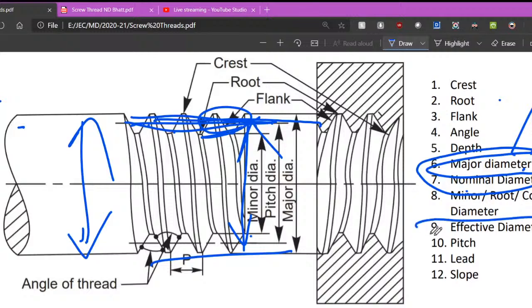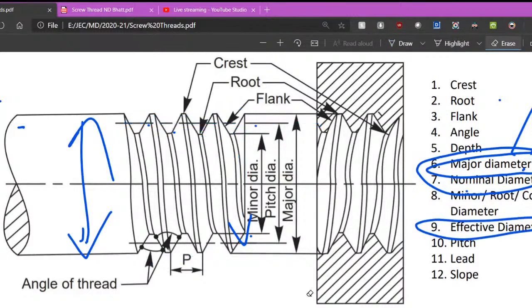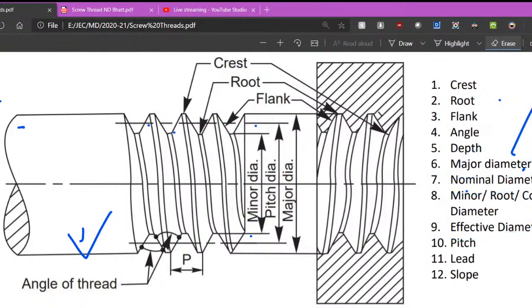So next is effective diameter. Consider an imaginary line like this, where the groove width is equal to the thread width.